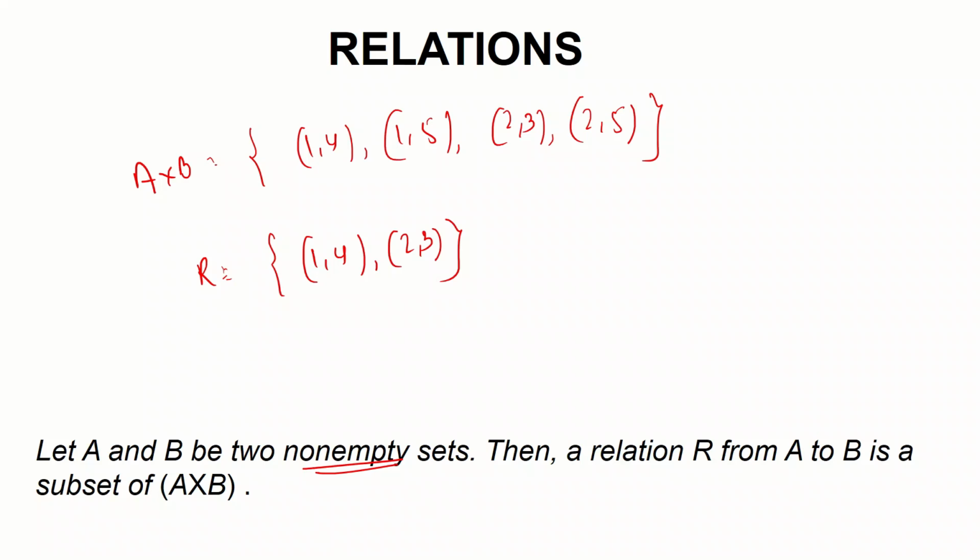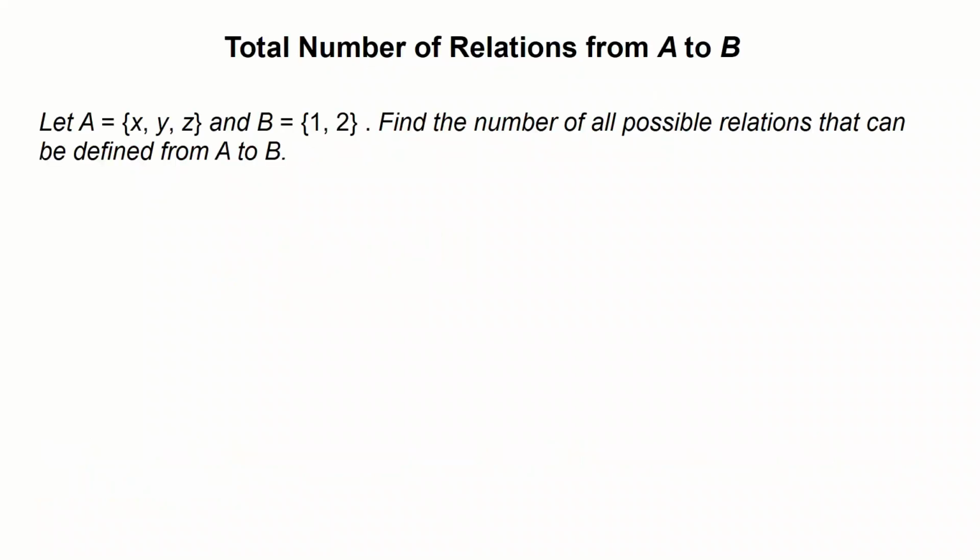So can you tell me, for any two sets A and B, how many relations we can define? So assume that there are two sets A and B given as this. Then can you tell me how many relations can be formed from these two sets? Okay, that's quite easy because we know that a relation is any subset.